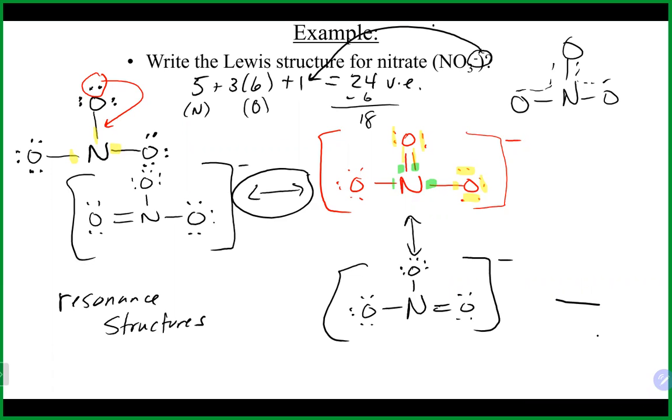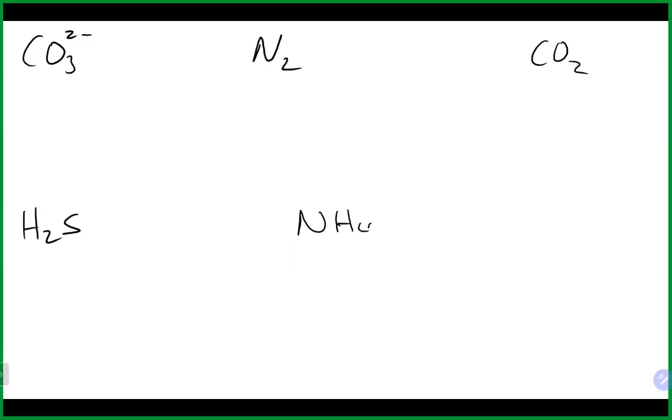All right, so let's try some here. Why don't we do a few just to make sure? Why don't you draw CO3 2 minus? Why don't you draw N2? Why don't you draw CO2? Why don't you draw H2S, NH4 plus?